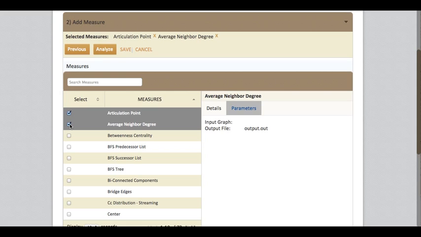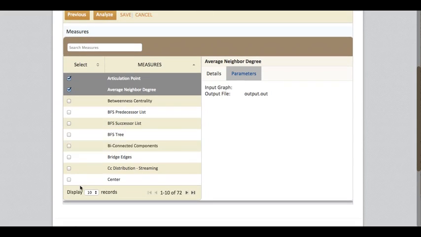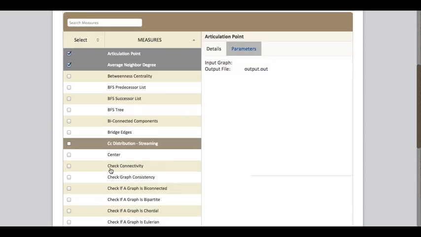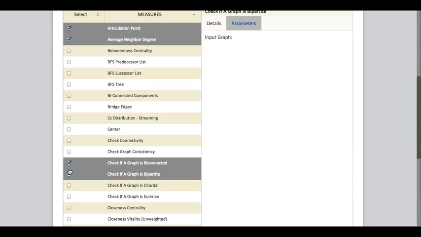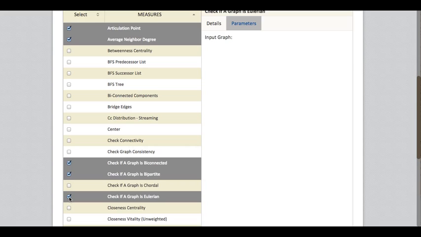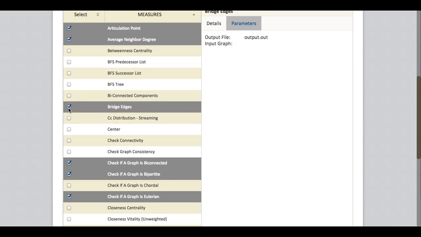I need to tell whether the graph is biconnected, if the graph is bipartite, and if the graph is Eulerian. I will also need to find the bridge edges.